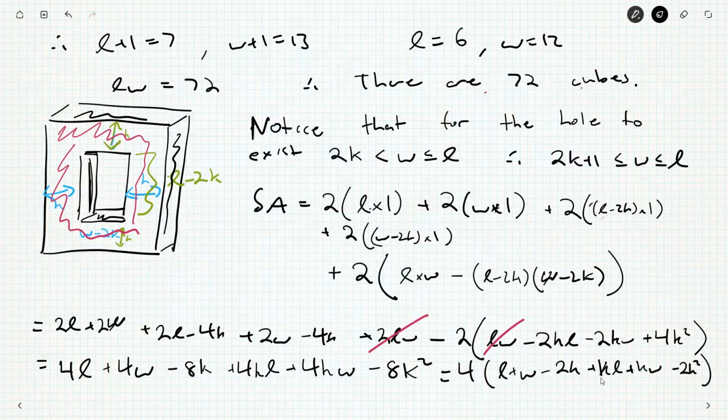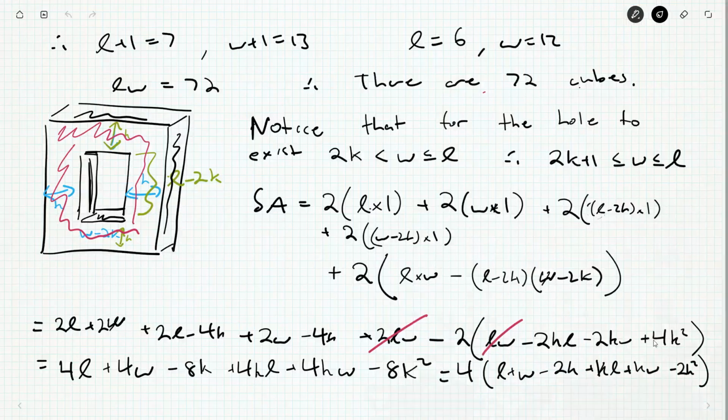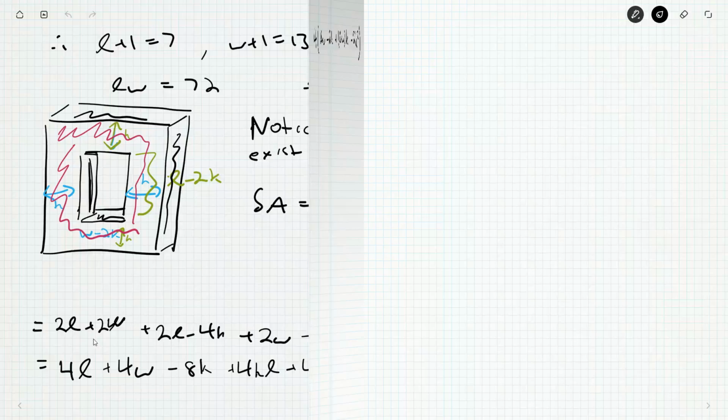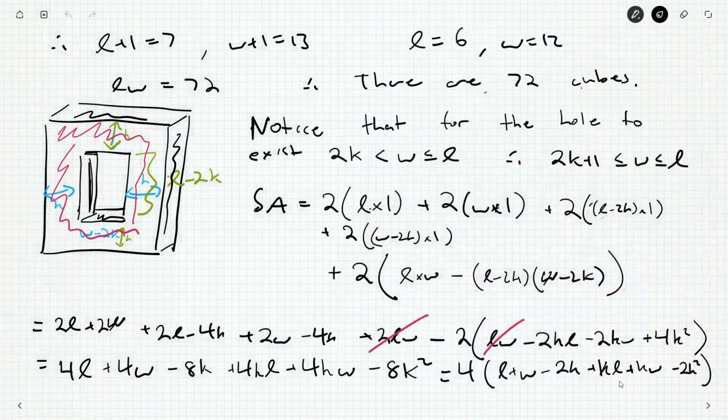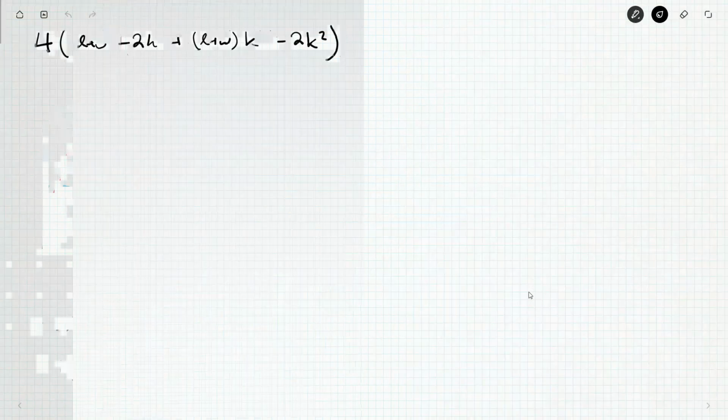And then we'll have a quadratic in terms of K, I believe. Anyway, so I think this formula will work. I think I should test it. And I will take out the L plus W right now. Okay, so I think that's my formula. Let's just go back and double check. Yes, as far as I understand it, that's my formula.